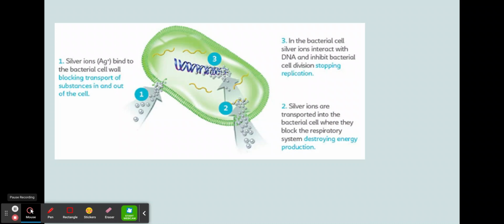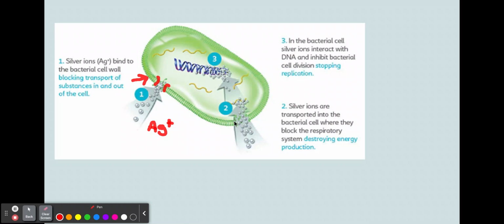So let's look at some of the things it could do. Here are the silver ions, and here's the membrane. Let's get our pen going. So there is the membrane. Remember, all our cells have cell membranes too. And the silver ions, again Ag plus, these silver ions with a charge could break that cell membrane apart, basically just killing it.